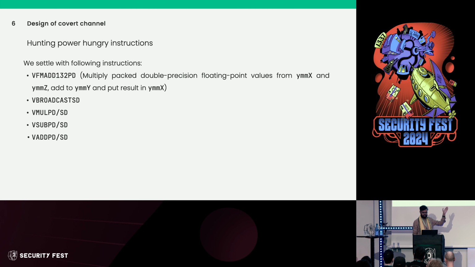Now, for first instruction, it does a lot of things. It will take double precision floating point values from two huge registers. It will multiply, pack them, add to third register, and then put result into some other register. And similarly, all these three instructions are doing it. Okay, based on the description that I have given here for first instruction, what do you think is the use case for this?